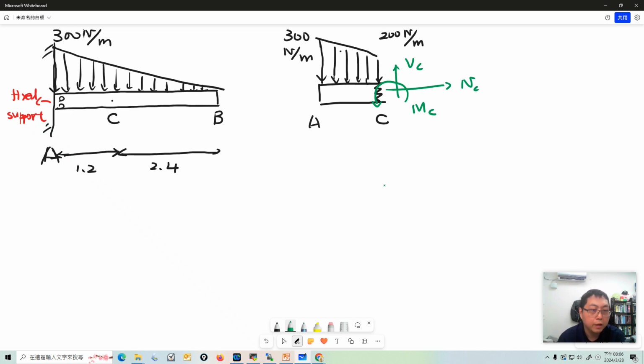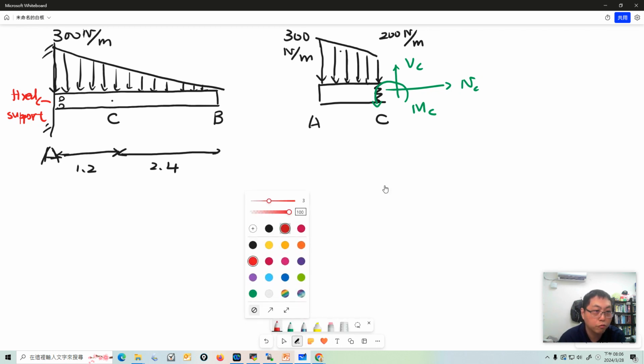So can we just do the calculation based on this information? No, because the AC section involves the support, and it's a fixed support. In the previous section, we know if you have a fixed support, there's a reaction force and reaction moment from the support.